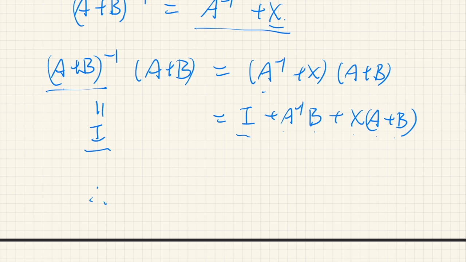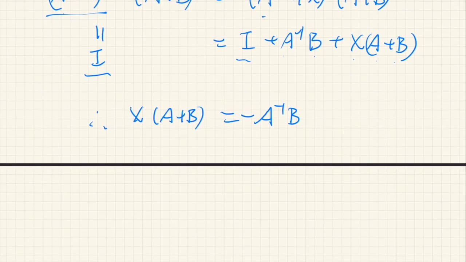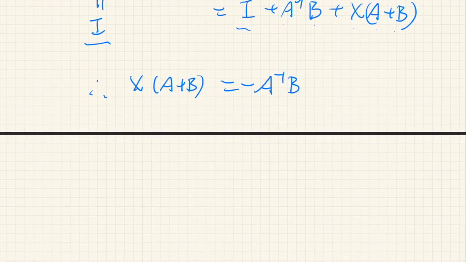Therefore, X (A plus B) is equal to negative A inverse B. And we are, of course, assuming that A plus B is invertible. So X is equal to negative A inverse B (A plus B) inverse.